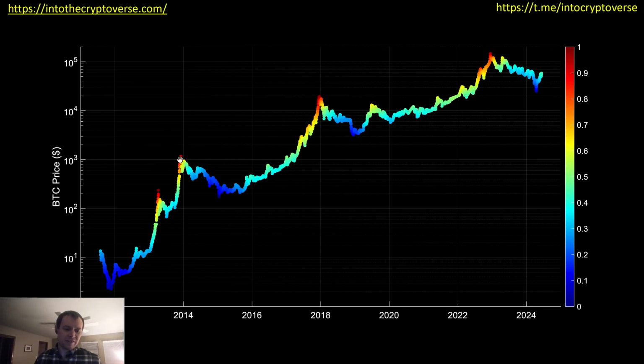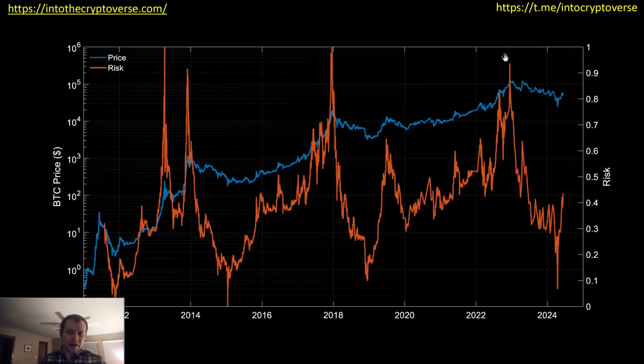Because here, the price of Bitcoin from peak to peak went from around $1,100 to $20,000, but here we're only going from $20,000 to, say, just over $100,000. So there's a pretty significant difference between the ROI, but it does what we want it to do, because it's going to flash that dark red, a risk level of over 0.9 in that region.